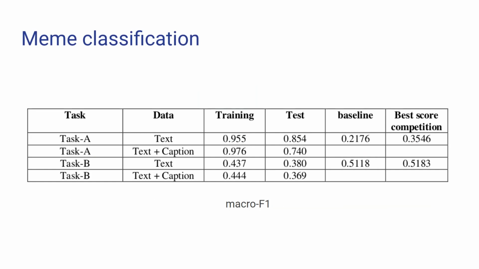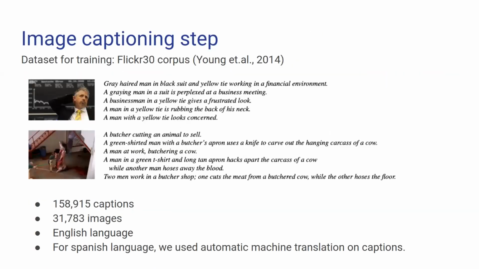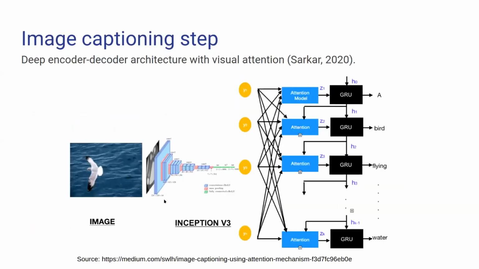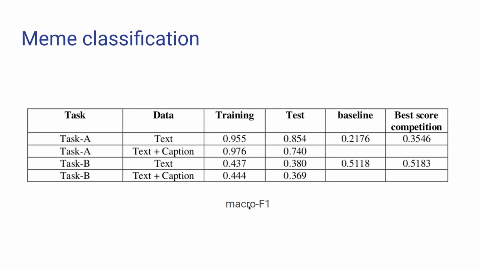And for the second task, the humor classification, which I said before is very difficult because one meme can have more than one category, we obtain these results here in the macro F1 metric.